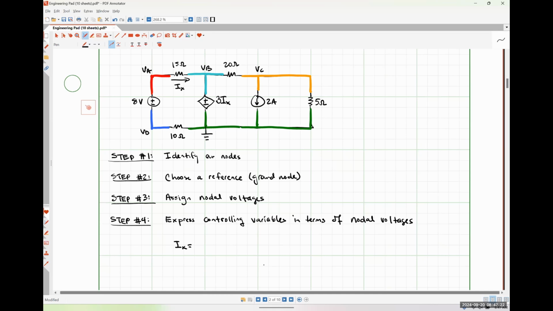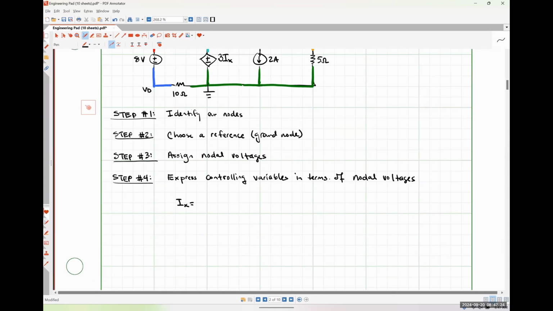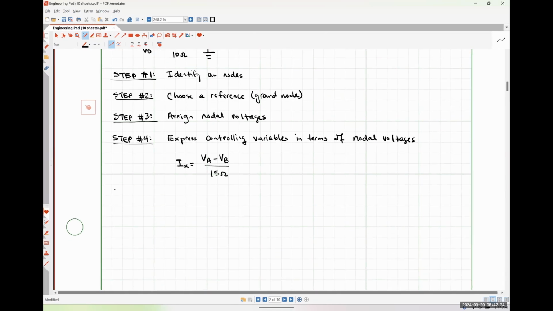Exactly right. VA minus VB over 15 ohms. So we're going to have a new step 5, but I'm going to skip it.